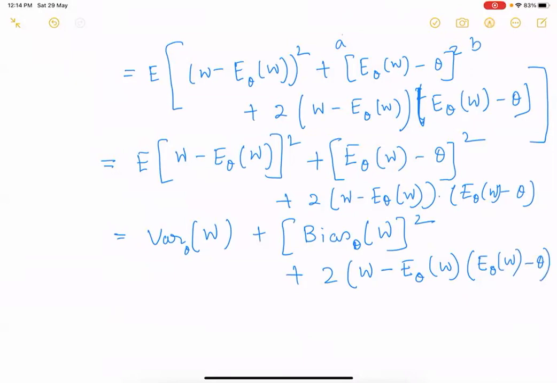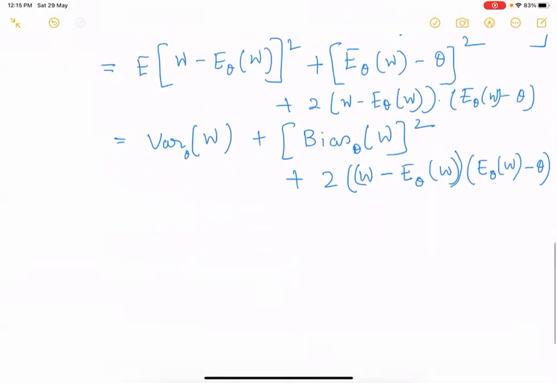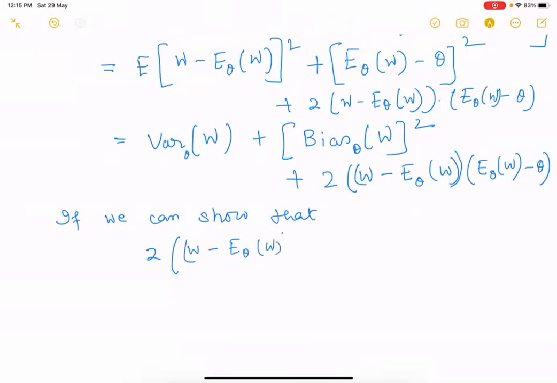So if we can show that the third term, the product term, that is 2 times W minus E theta W times E theta W minus theta, this whole thing is 0, then we are done. Can you show that?